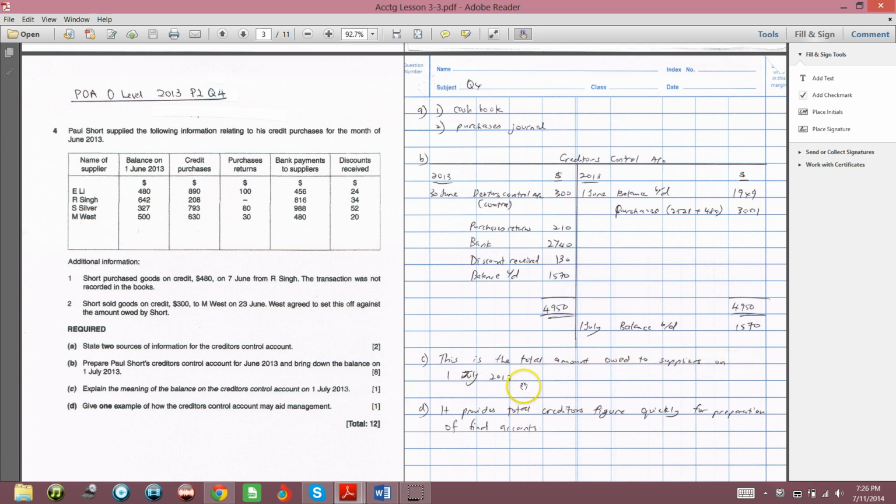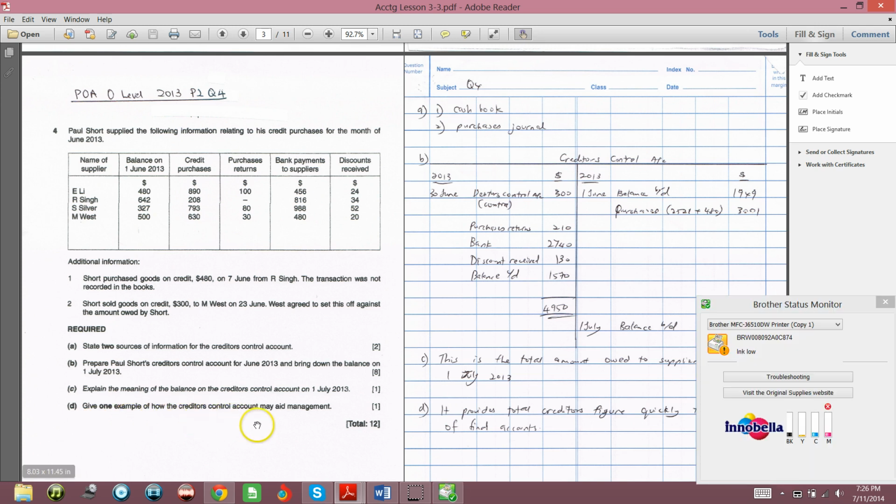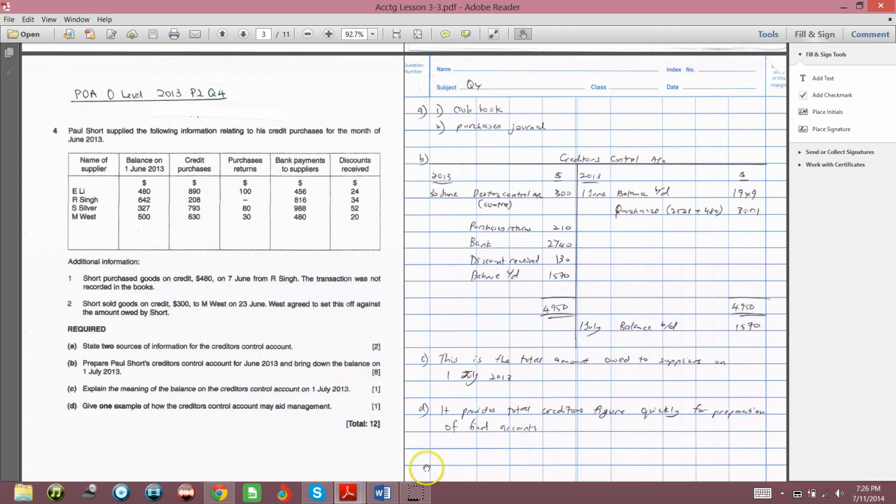I just used simple English from what I understand of this. Okay, give one example of how creditor control account may aid management. So this is similar to the question just now. So I just named one of the advantages.